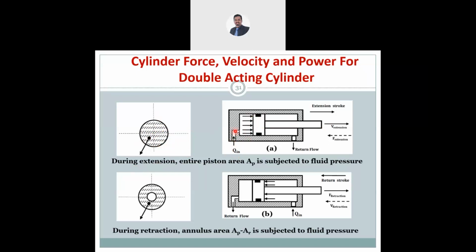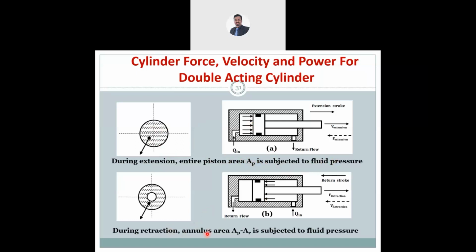So if you have compressed air entering the back, the area of exposure will be the entire piston area, because at the back there is no rod. So it will be the entire piston area, AP, the area of piston. It will be subjected to the compressed air pressure.